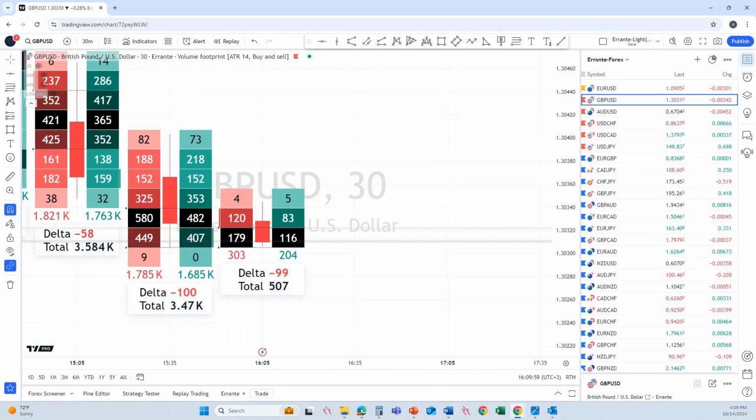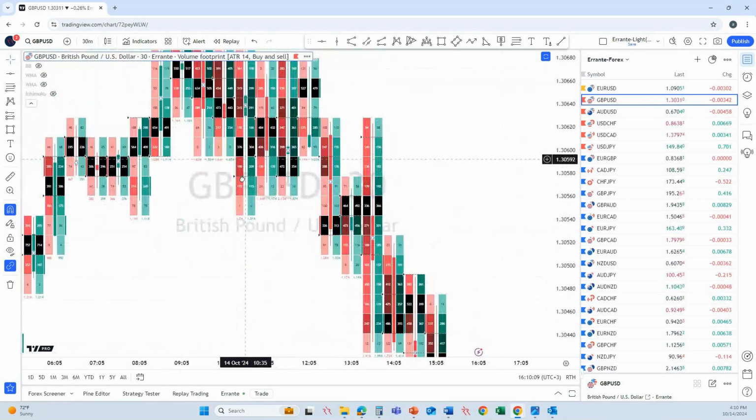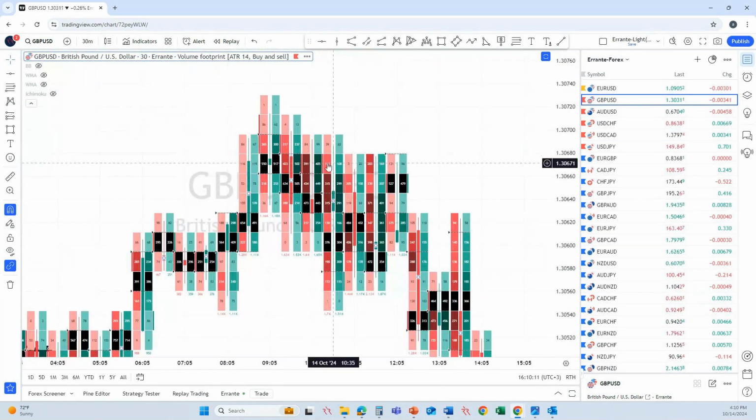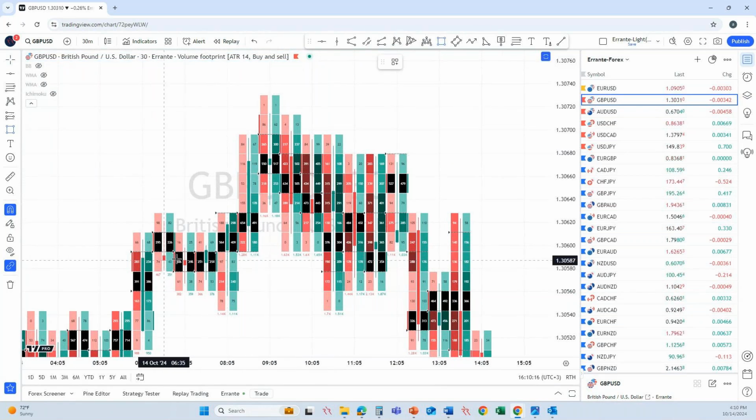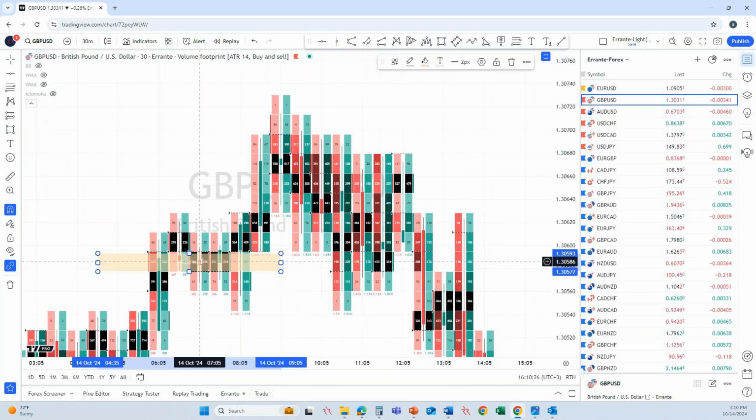So if a price level shows significant volume on the footprint chart, but the market fails to break through, this suggests a strong resistance. This is how we can identify resistances here. For example, you see around this area, we have some attempts from market participants to break through this level.